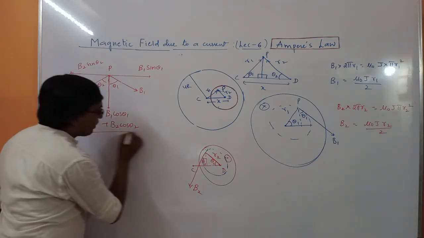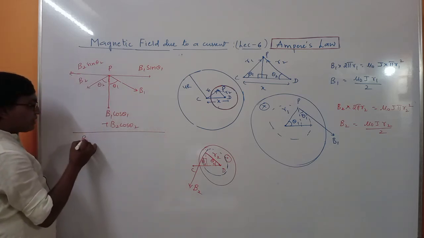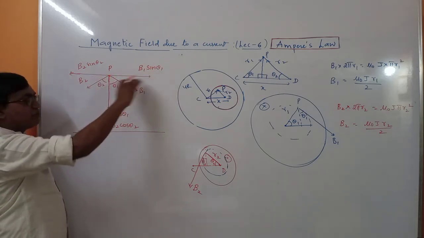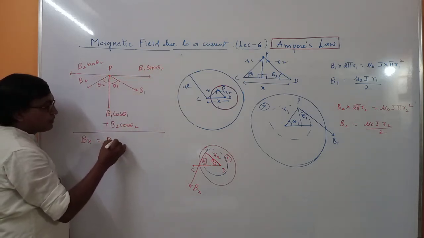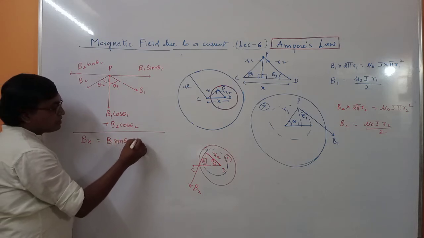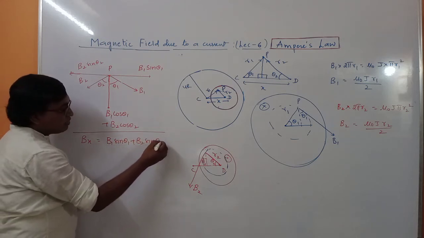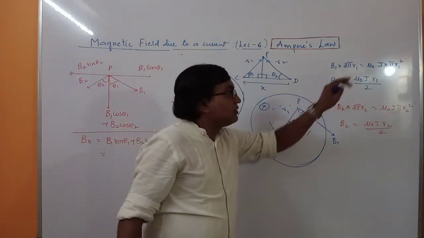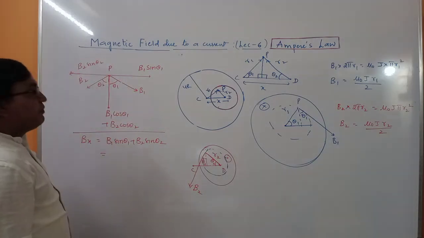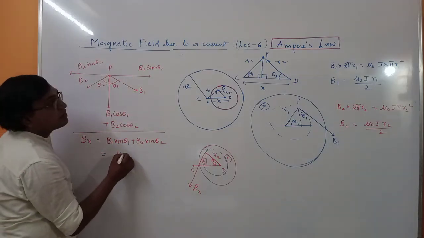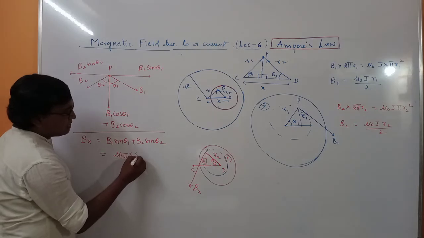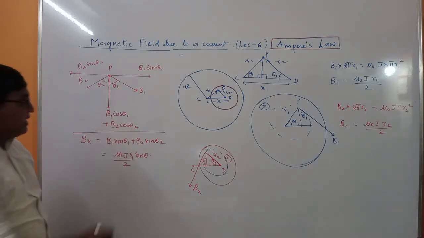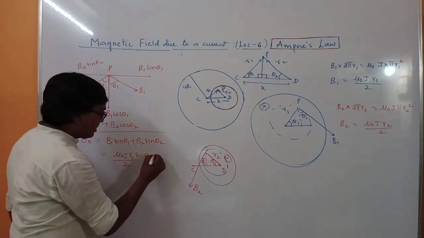So then the total field along x direction. Let us assume this direction to be positive. Then B1 sine theta 1 plus B2 sine theta 2. So let us use the value of B1. B1 is mu naught J R1 by 2, so mu naught J R1 by 2 sine theta 1 plus B2.